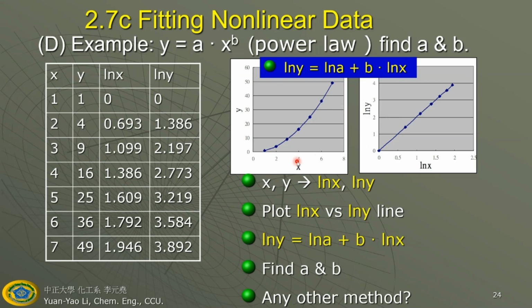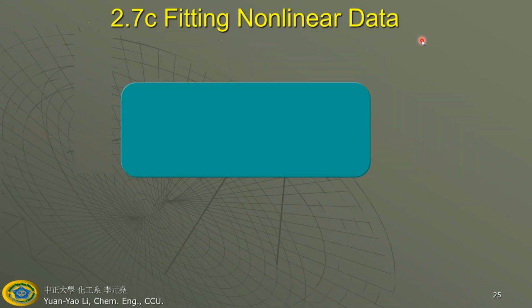Maybe not. As long as I tell you this is a power law, you can plot ln x and ln y. Otherwise, it's not easy to realize that x and y follow the power law. That's why this is an important topic we are going to introduce.